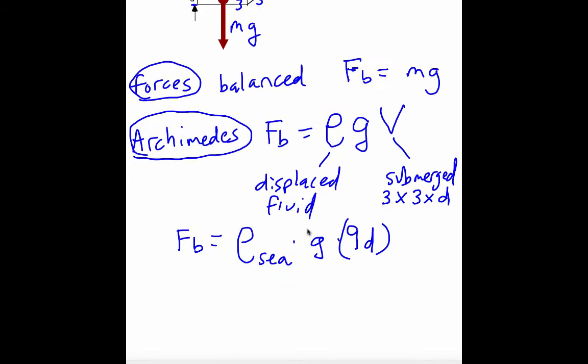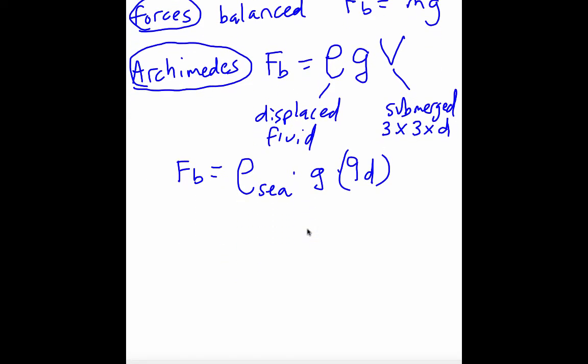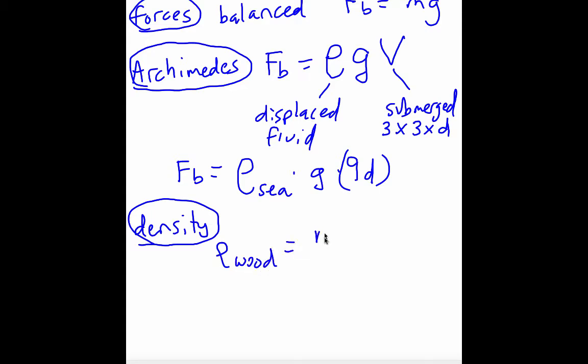Okay, so that equation comes to us just from the theory of buoyancy, from the Archimedean principle. Finally, from like Science 9 or 8, we have the definition of density. We are dealing with the density of the wood block here, so the object density is its mass over its volume, and in this equation, that volume means the volume of the whole object.